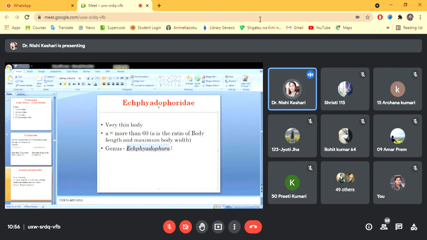So whenever you write the scientific name, you have to write in italics. Okay. Otherwise, I will not give you any marks on that. So take care of writing this scientific name like genus or species name. If the name of the species is there, then it will be in italics.